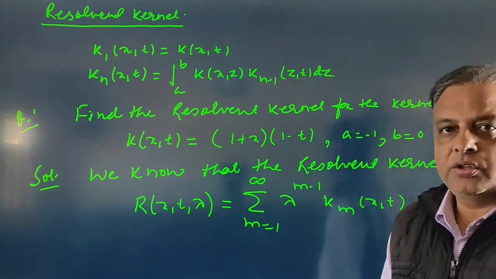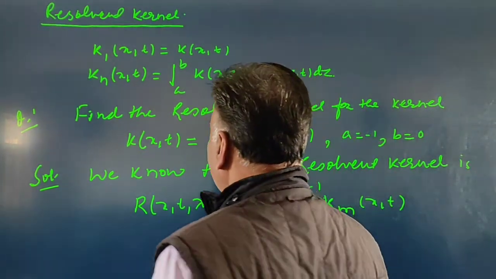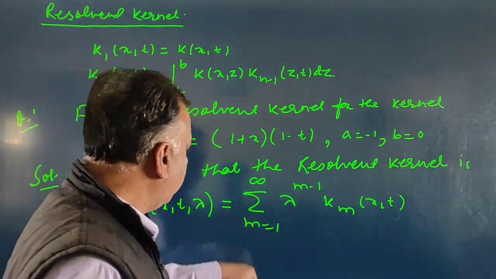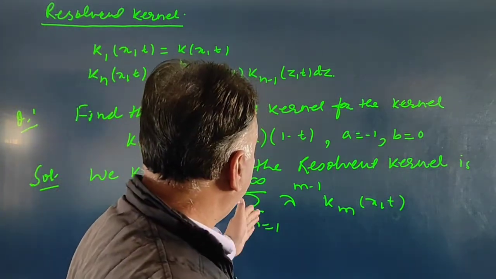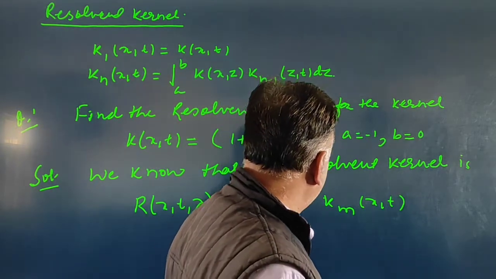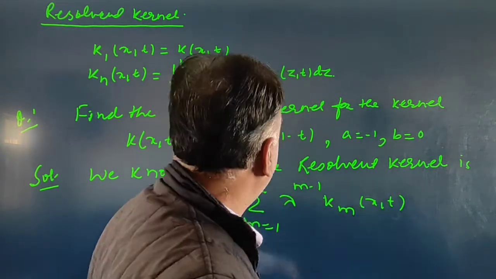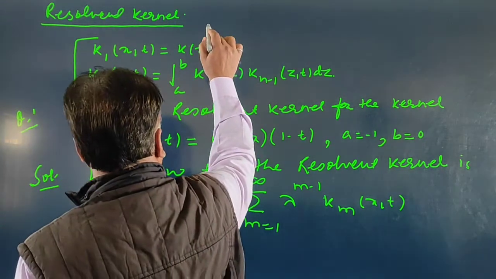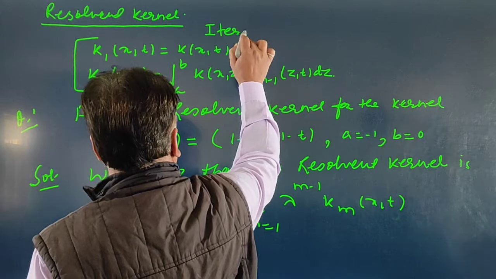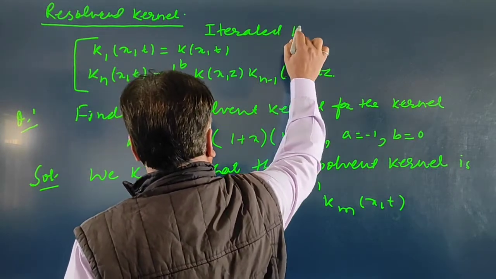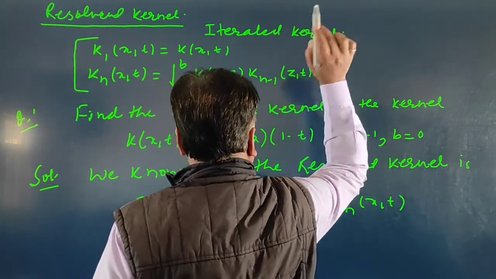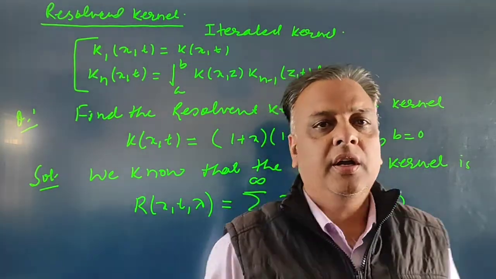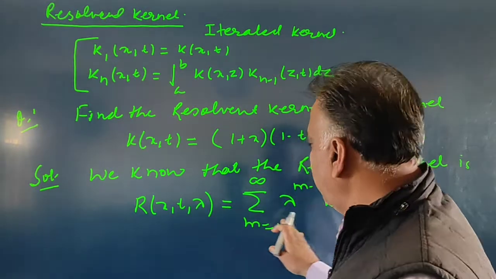This is the resolvent kernel. Here the Km(x,t) are the iterated kernels. So the resolvent kernel in terms of iterated kernels for a given kernel is given by this relation.